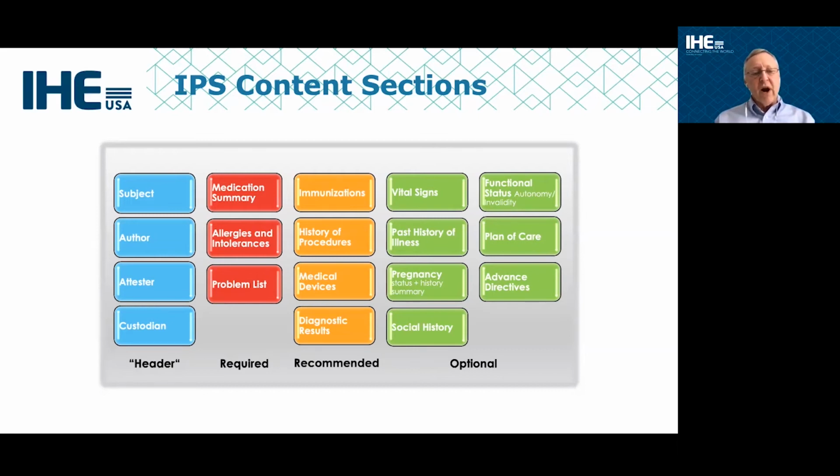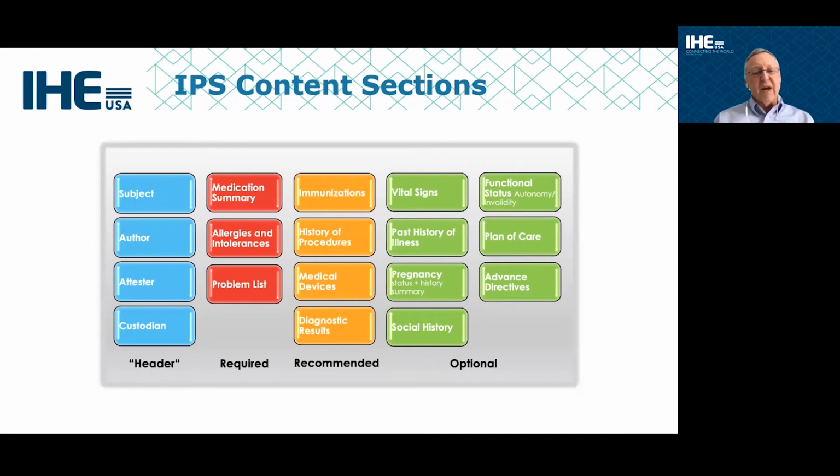And then there's a set of required sections, so the big three sections. You've got medications, allergies, and your problem list. Those are the things that basically are always important for any clinical care setting. Beyond that, there is a set of recommended sections, which include immunizations, procedures, medical devices, and diagnostic test results.